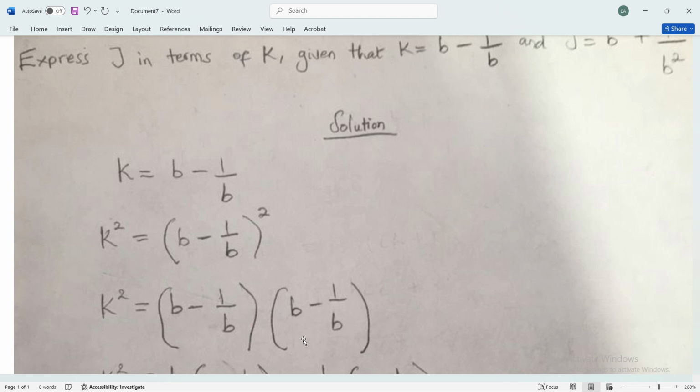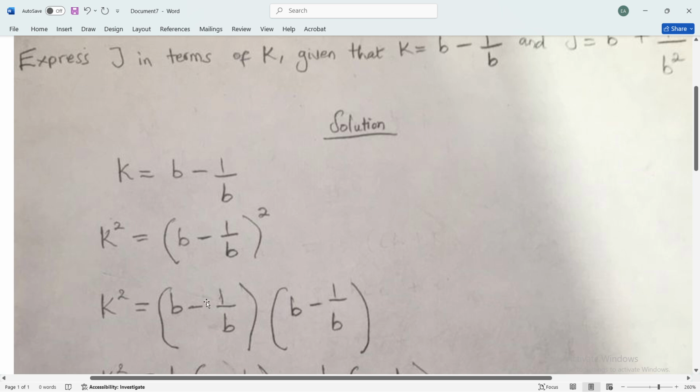So what we will do is multiply through by B minus the fraction 1 over B.